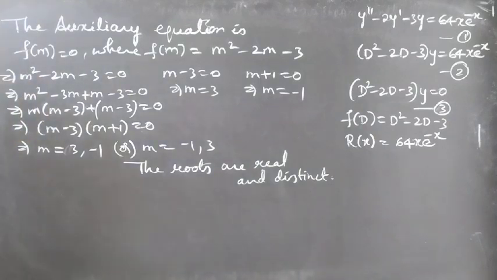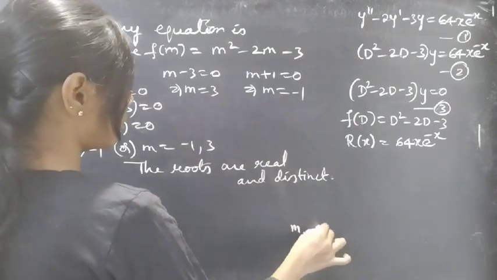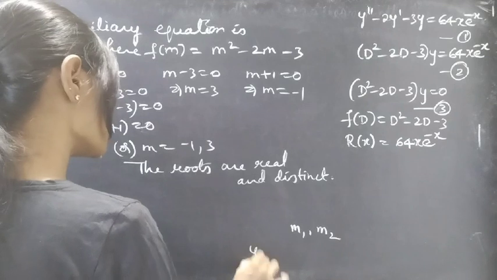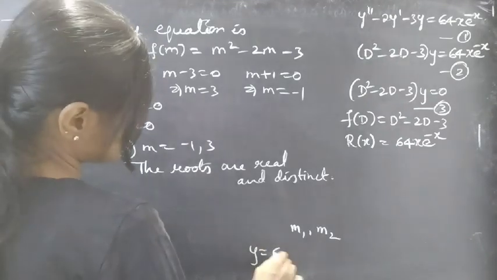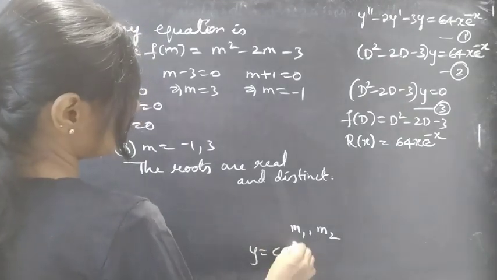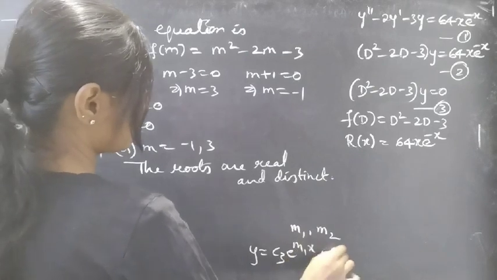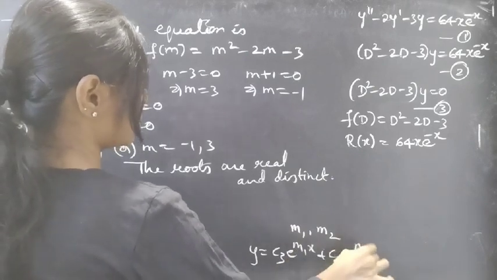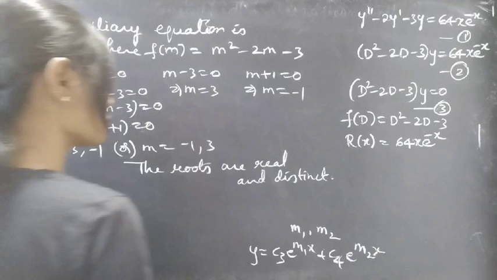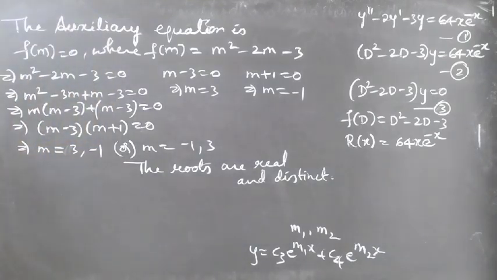We know that when two roots, say m1 and m2, are real and distinct, then the solution to homogeneous equation looks like c3 e power one root into x plus c4 e power another root into x. We are taking c3, c4 instead of c1 and c2 because we want c1 and c2 to appear in the last general solution.